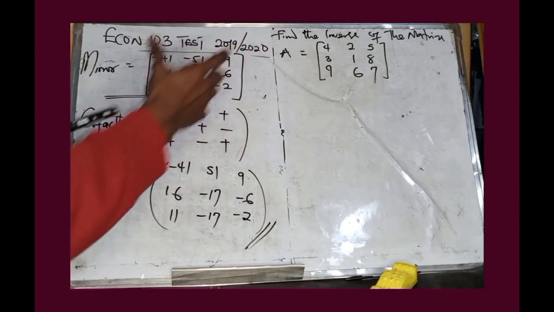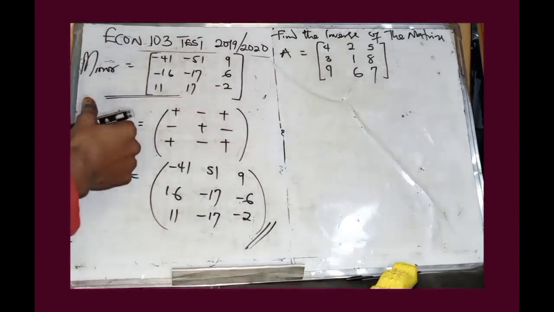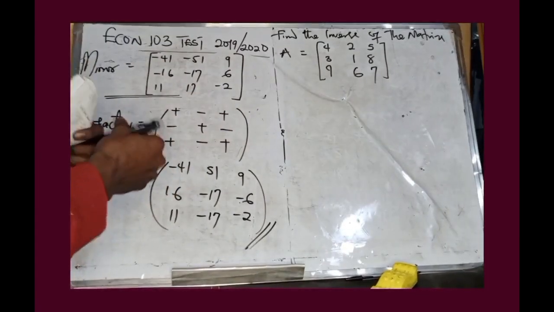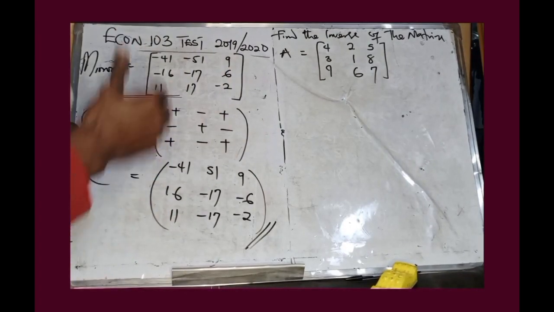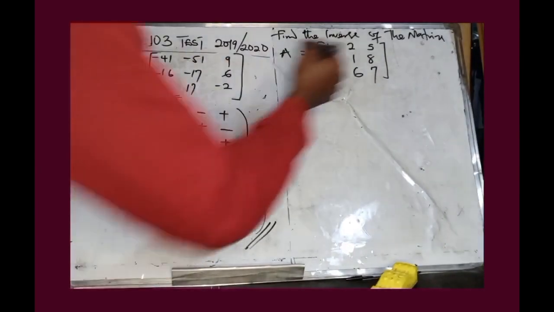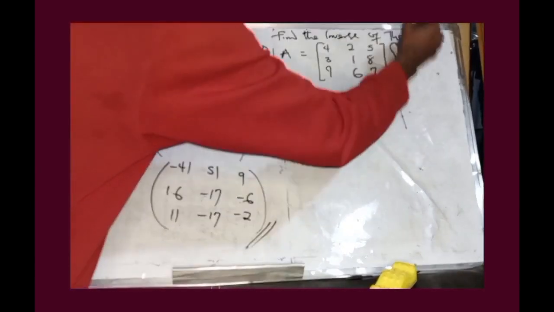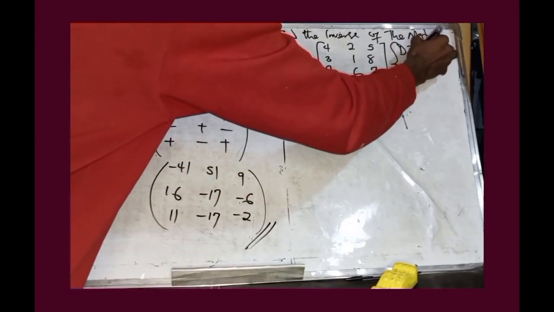To obtain the inverse of a 3 by 3 matrix, there are some things to note. These are going to be our targets. Firstly, we need to obtain the determinant of the matrix.